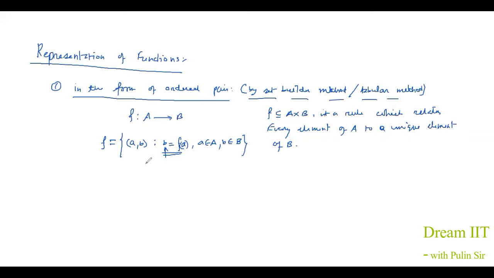Now if we write this function in the ordered pair form, say (a1, b1), (a2, b2), (a3, b3), like that, whatever elements we had, right? So in both ways we can define, denote or represent the function.